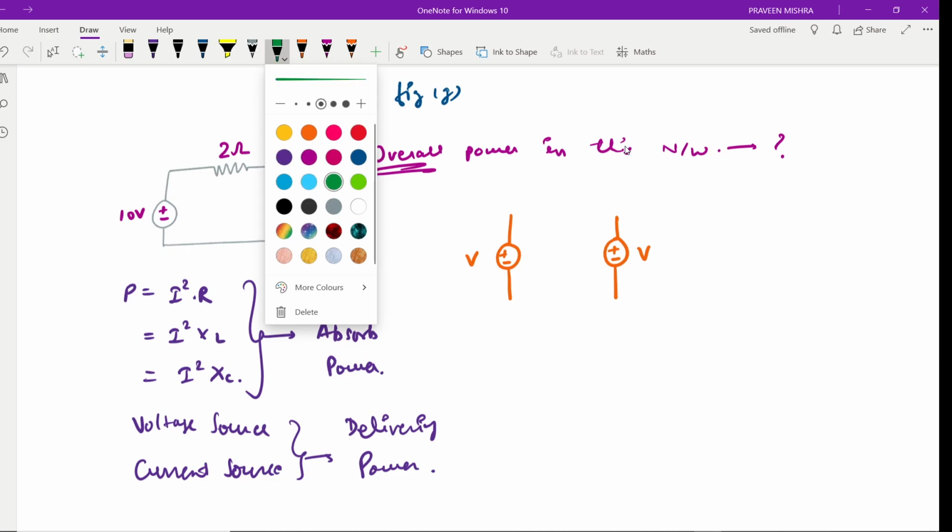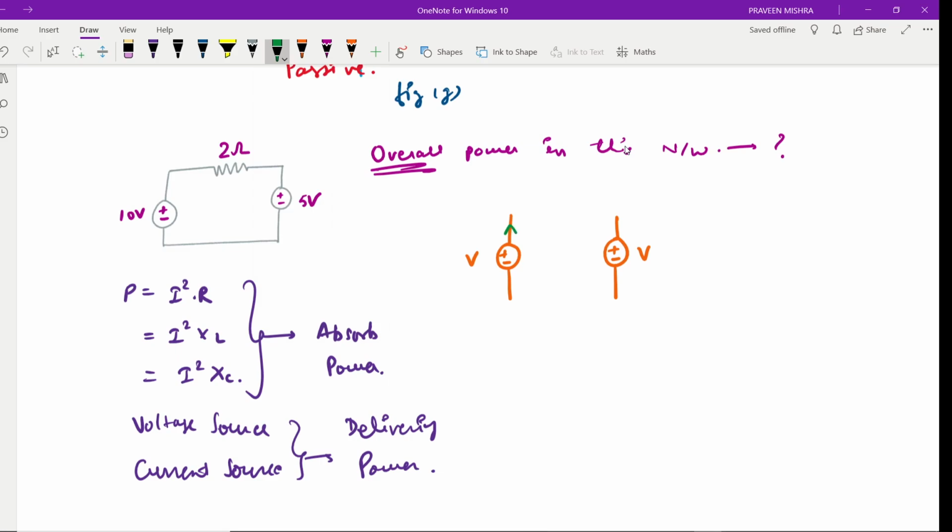If current is leaving from the positive terminal, what will be the case? And if current is entering a positive terminal, in that case what will be the case?